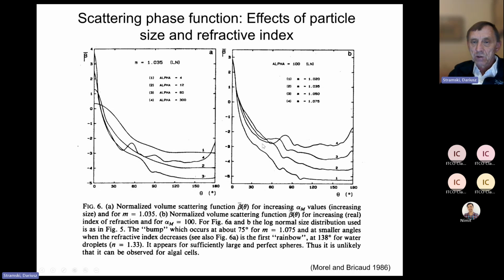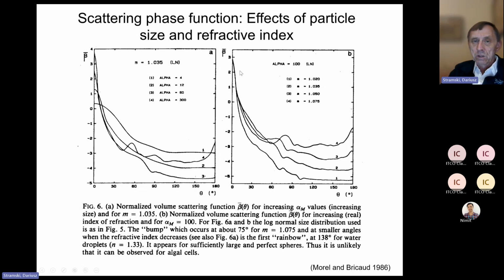On the right-hand side, you see the effect of, in this case we fix alpha, so we fix the size, and we change the refractive index from 1.02 to 1.075. The main message here is that in the forward directions, in the diffraction lobe, the effect of refractive index is very weak or practically undetectable.